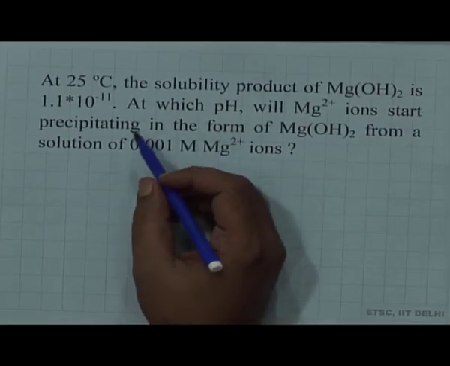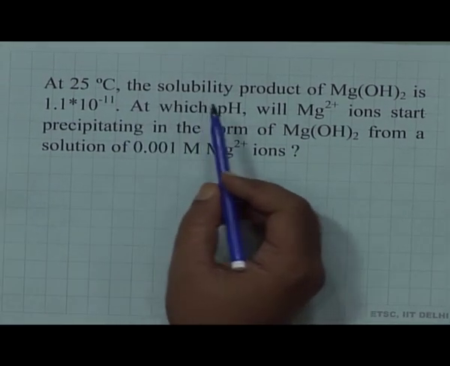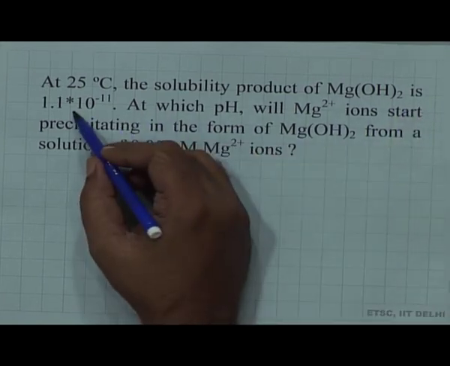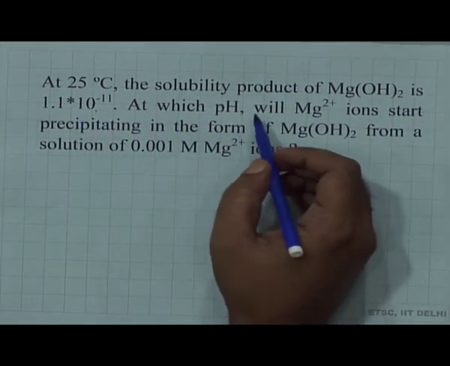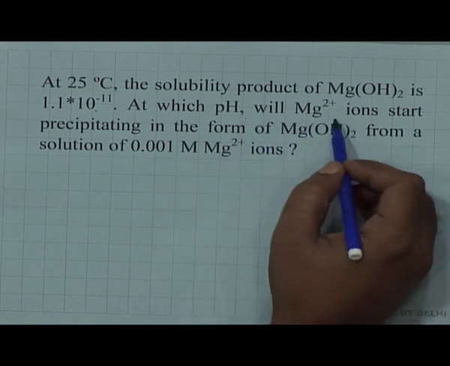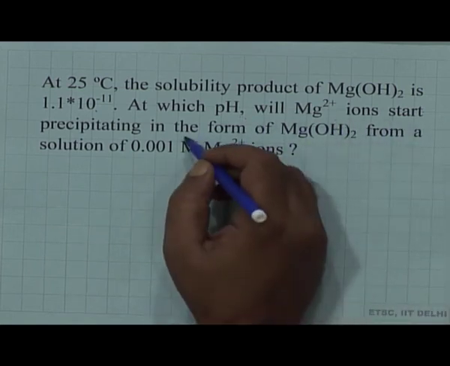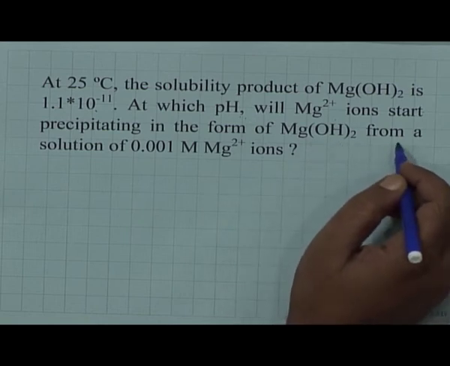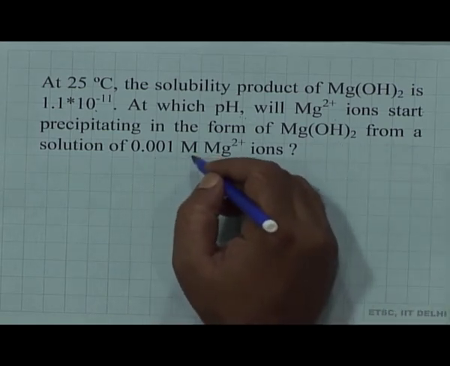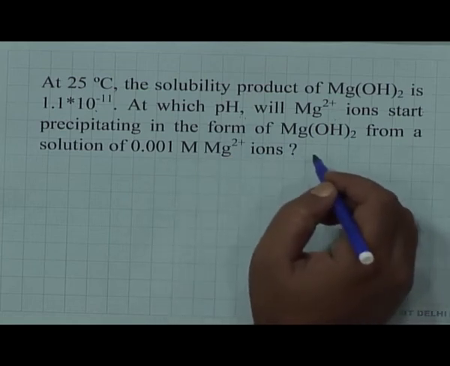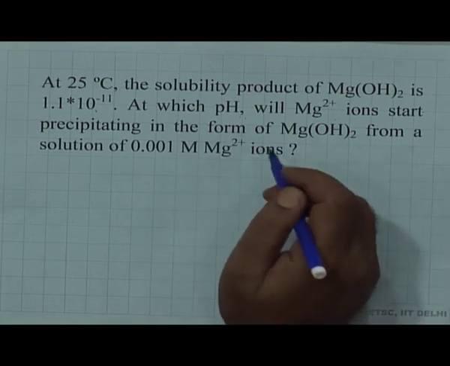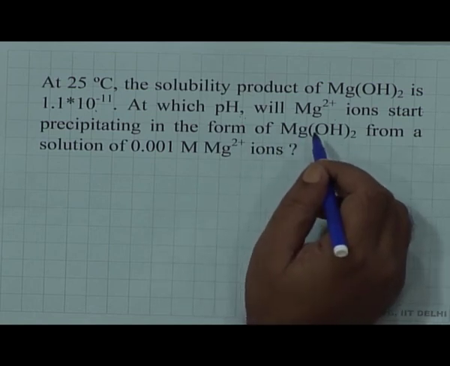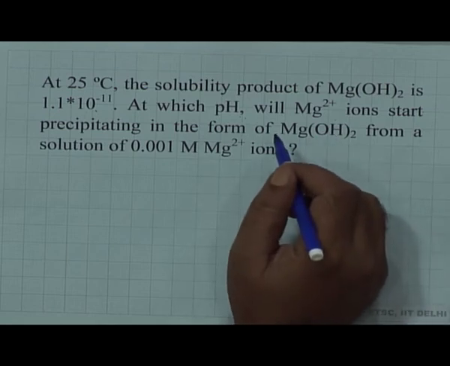Next question is, at 25 degree Celsius the solubility product of MgOH2 is 1.1 into 10 to the power minus 11. At which pH will Mg2 plus ions start precipitating in the form of MgOH2 from a solution of 0.01 molar Mg2 plus ion? Suppose Mg2 plus ion is there and you started adding OH minus ion.